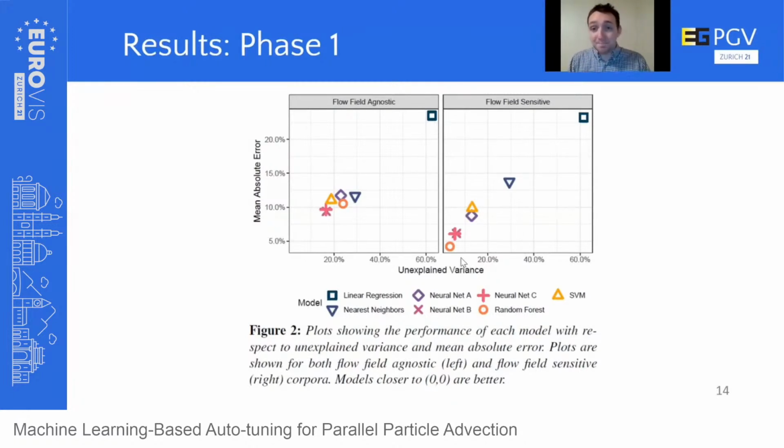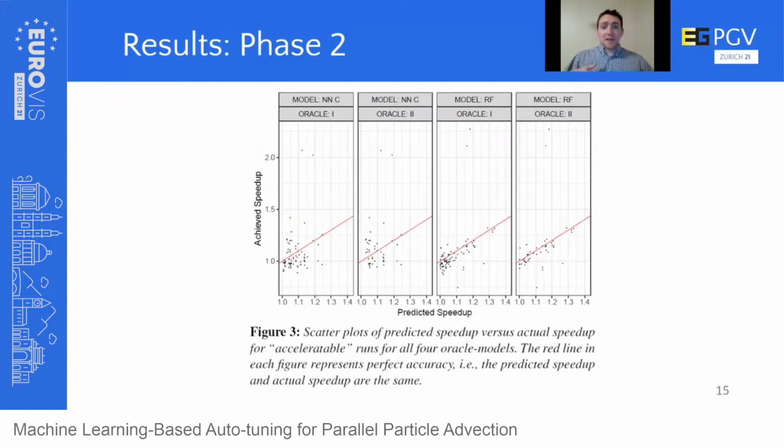So here's how we did once we took these 2 best performing machine learning models and plugged them into our oracles. This is a predicted speed up of our oracles. That is, when we took one of our 108 runs and asked, are we going to get speed up, yes or no?